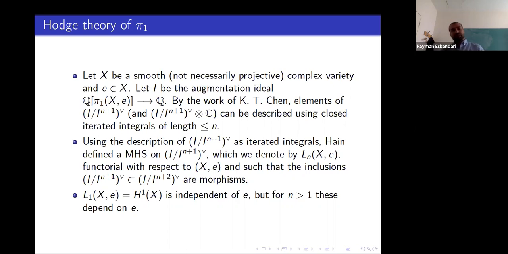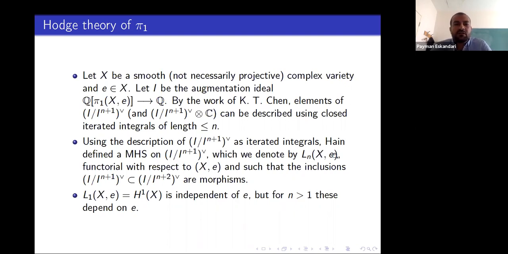Iterated integrals are integrals over simplices, and closed means homotopy invariant, that the value they produce does not depend on the homotopy class of the loop. So the elements here can be written as iterated integrals, and Hain has used this description to define a mixed Hodge structure on this space. We're going to denote this mixed Hodge structure by L_n. I use L because it's like length, since these are iterated integrals of length at most n.